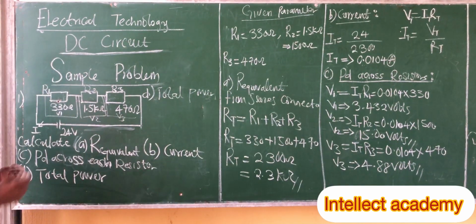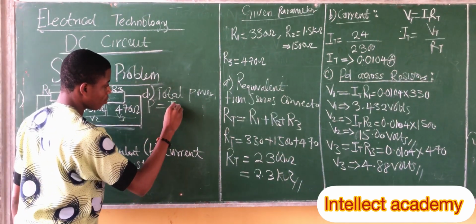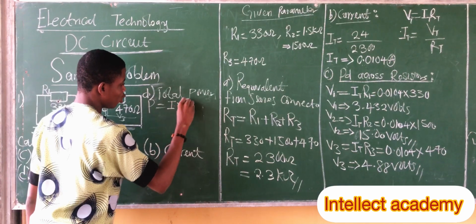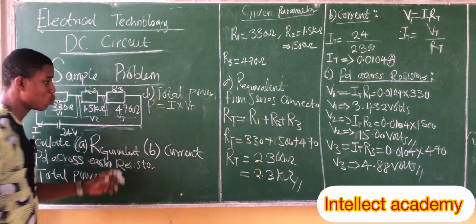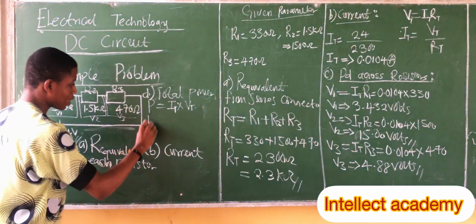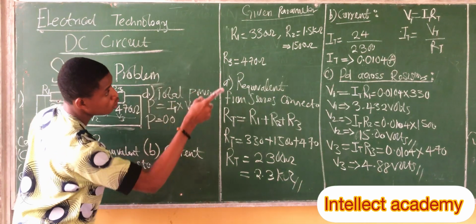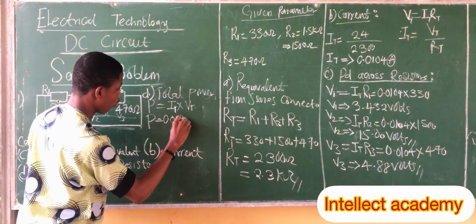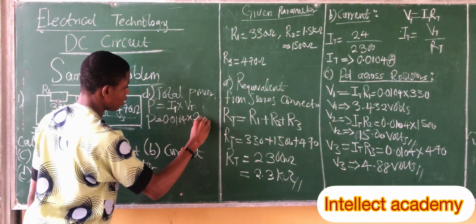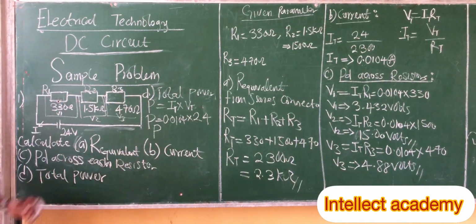You can calculate, of course, we know that power is given by the total current multiplied by the total voltage. This is one way to do it. So P is equal to 0.0104 multiplied by 24. Please give me your value. What do you have as your power?